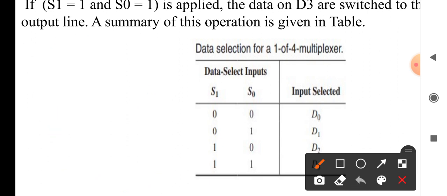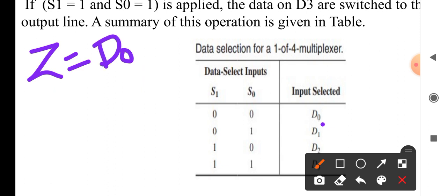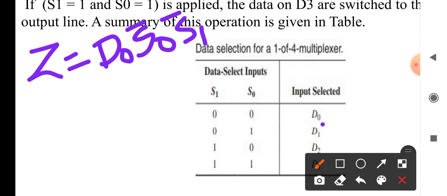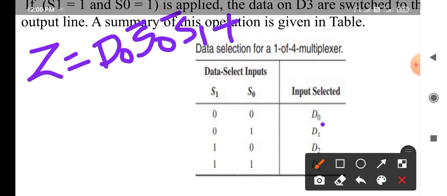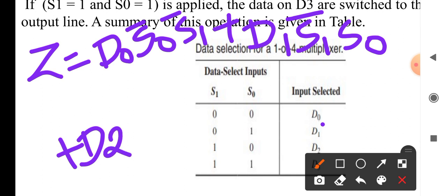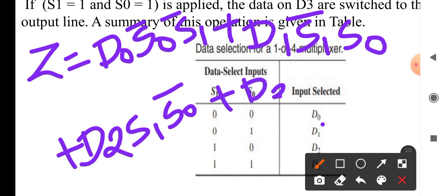So we have Z equal to D0 into S1 complement into S0 complement, because if both inputs are 0, then D0 is selected, plus D1 into S1 complement and S0, plus D2 into S1 and S0 complement, plus D3 into S1 and S0.